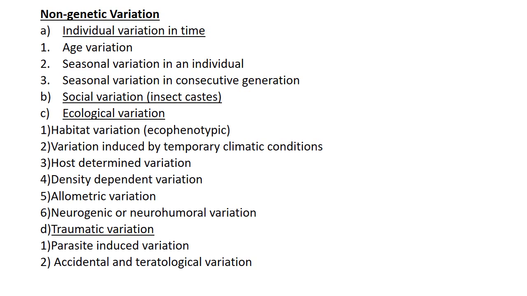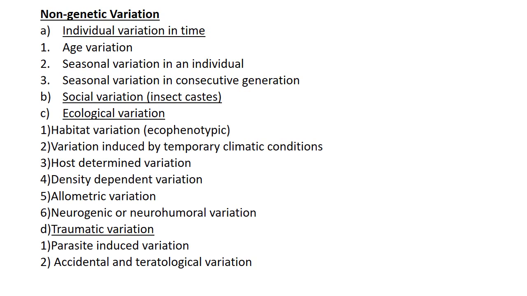B is social variation. Social variation is represented by all the insects that have a caste system in their colonies. That may be ants, bees, and other animals like termites. C is ecological variation. Ecological variation may be due to habitat variation, that is called ecophenotype. And then there is variation induced by temporary climatic conditions. Then there is host determined variation.